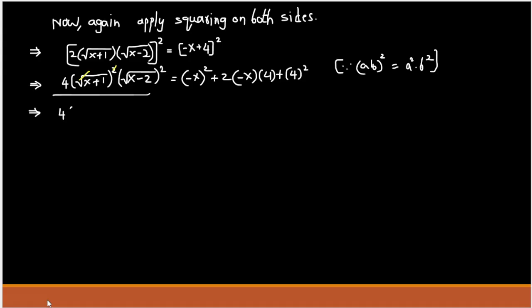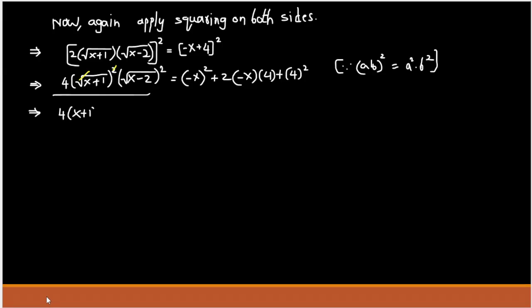Here we used a simple mathematical formula, which is (ab) whole square equals a square and b square, since a and b are multiplied together. This is what we use for the term 2 of square root of x plus 1 and square root of x minus 2. So it became 4 of square root of x plus 1 whole square and square root of x minus 2 whole square.